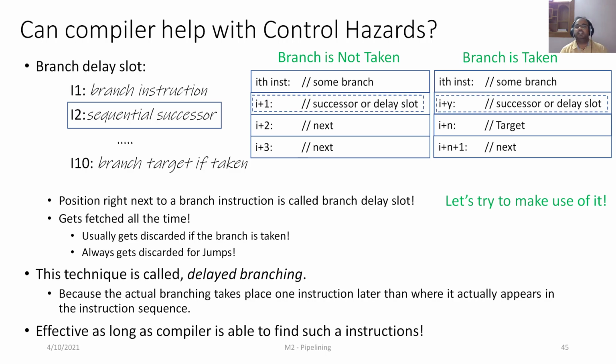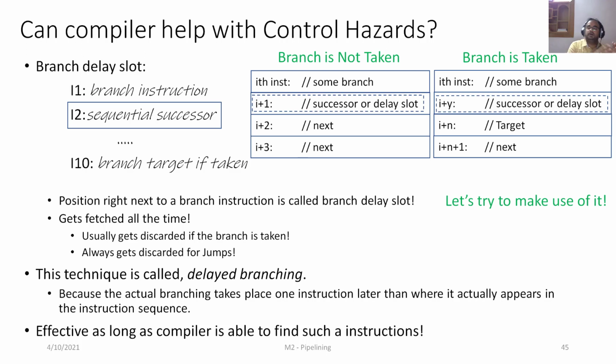So this concept of delayed branching is effective as long as the compiler is able to find such safe instructions. Now, why do I call it a safe instruction? The reason being, we are placing a new instruction there, right?